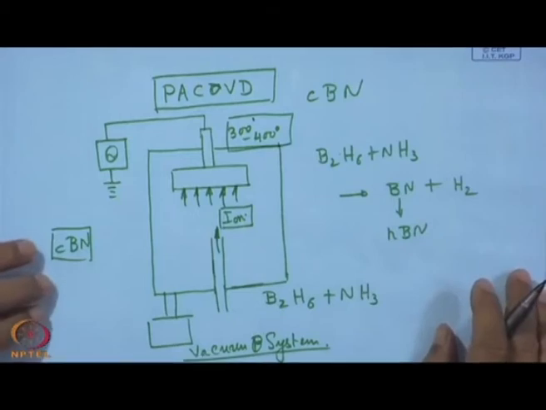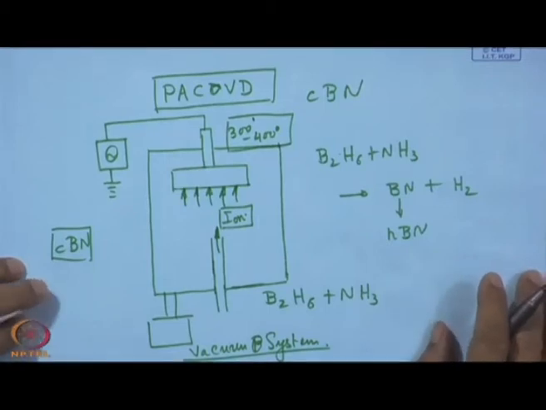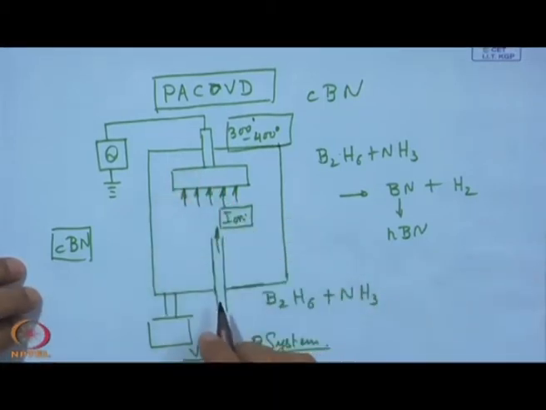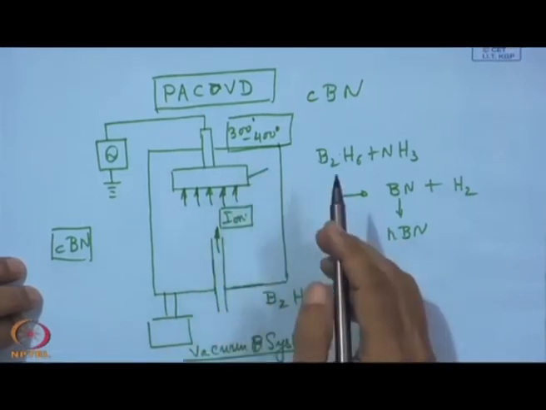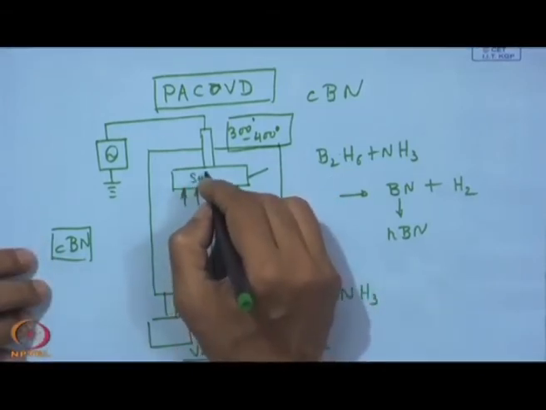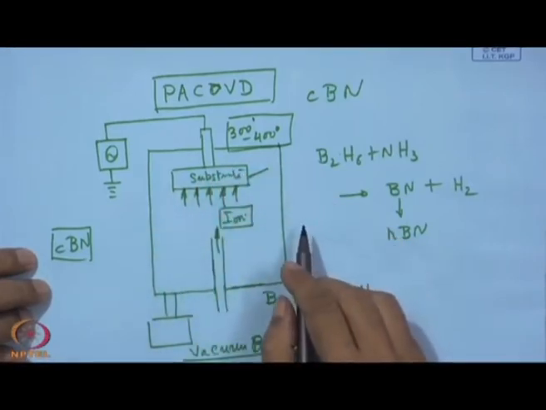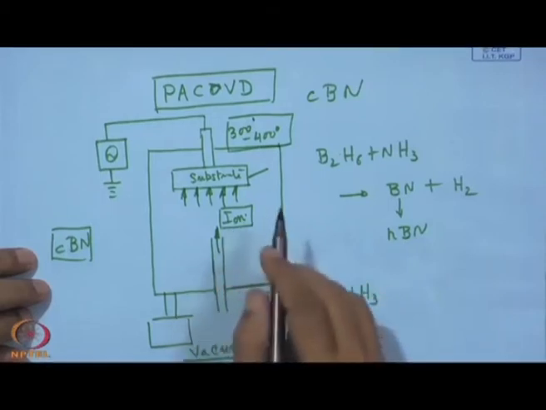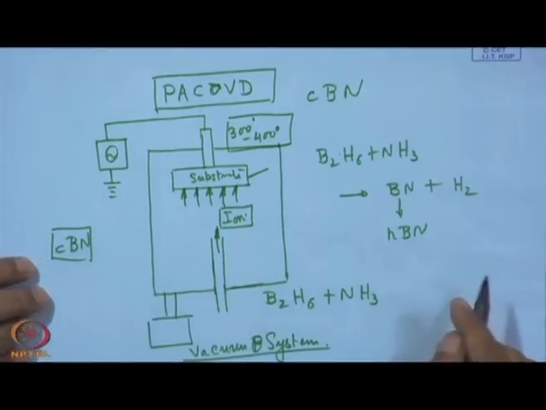That is the whole idea here, that this ion will be a high energy, energetic ion, because of this negative polarization. This is just like a biased substrate, and this biased substrate will be impinged by this ion, and that is why we can have a change in structure to CBN. So, here it is unlike all PVD.